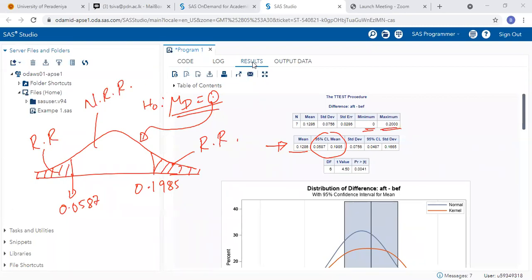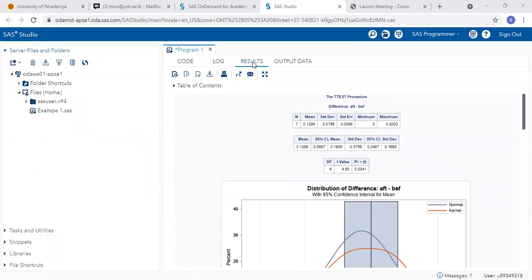So now you see where this 0 value is. Is it falling in the rejecting region or non-rejecting region? Rejecting region. 0 is somewhere there. So we can reject our null hypothesis. Based on this confidence interval, we can make the decision. Now, that is one way.